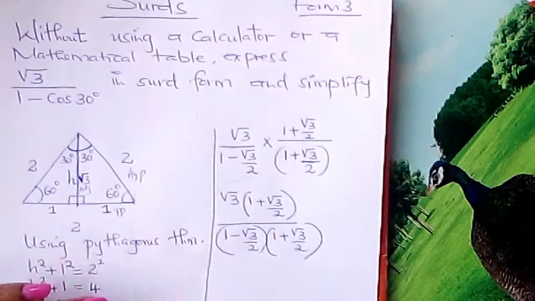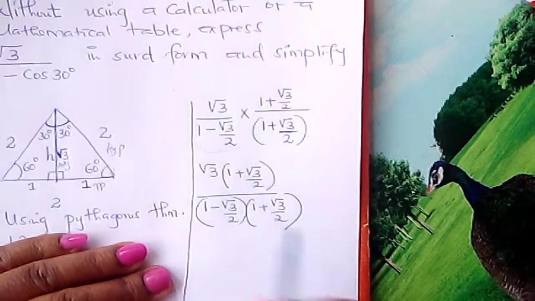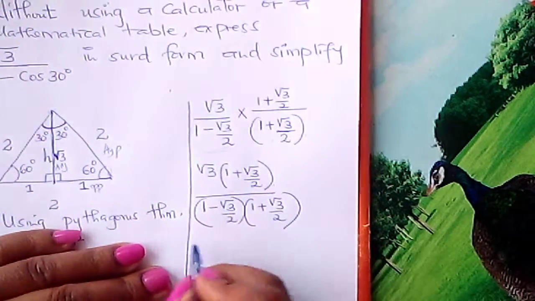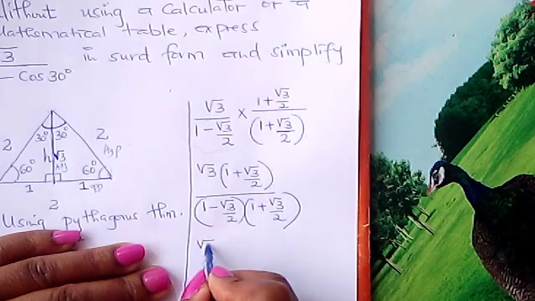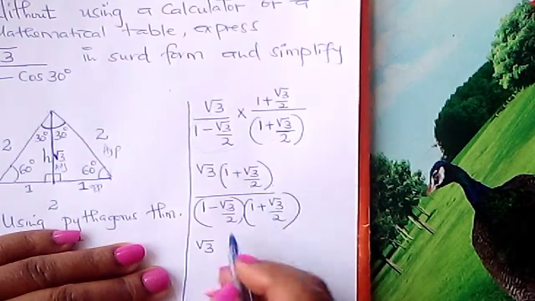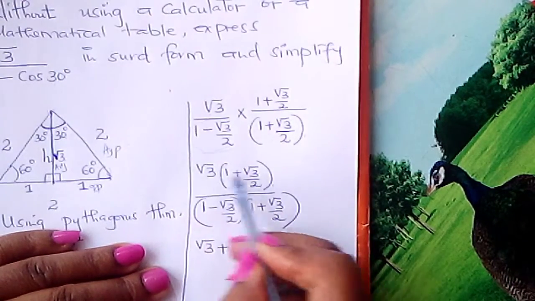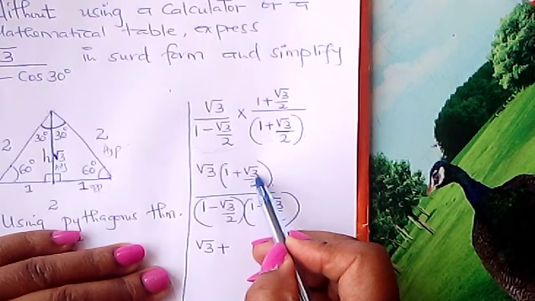Okay, so from there we work out. The numerator will give us what? Root 3 times 1 gives us root 3, plus what? This times this, learner, is what? Root 9.